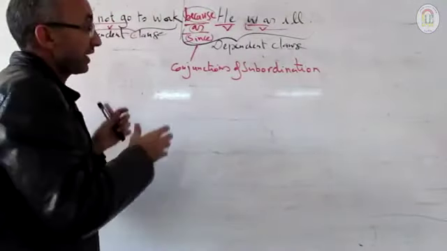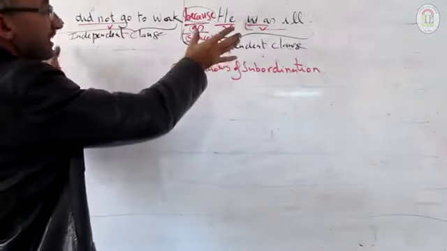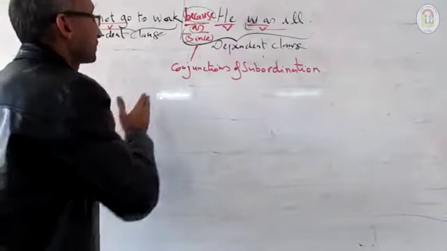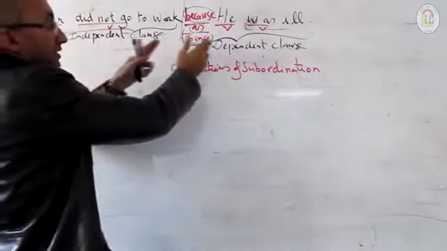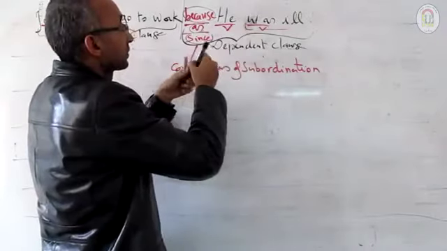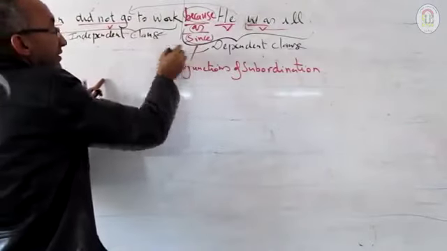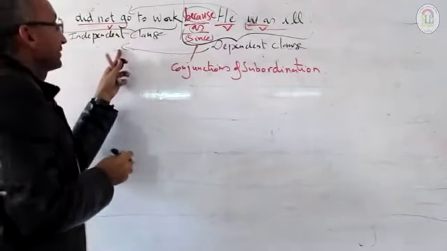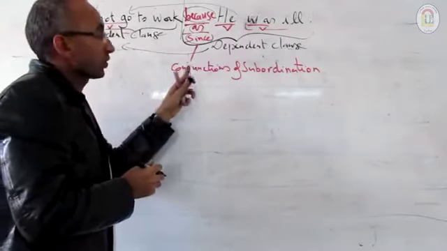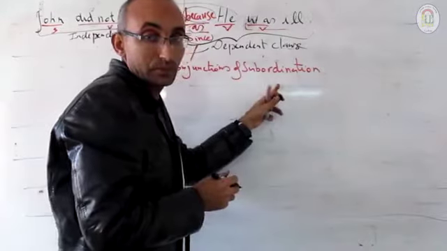Now, if I want to notice how these two clauses are related, what do I find? I find here a dependent clause joined to another independent clause by means of conjunctions of subordination.